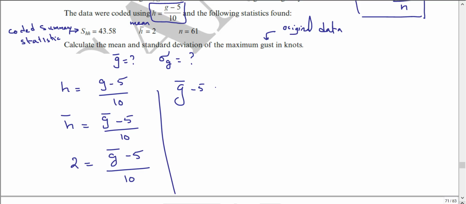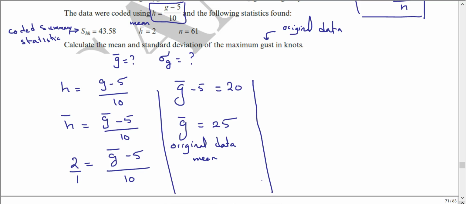You get G bar minus 5 equal 20. So the mean of the original data is 25. We found the mean.